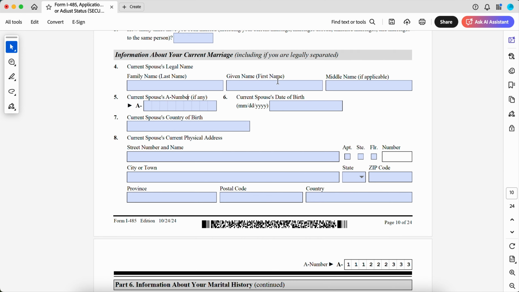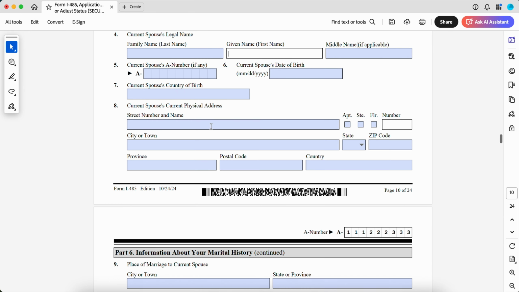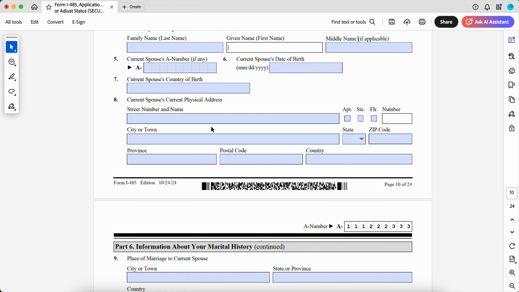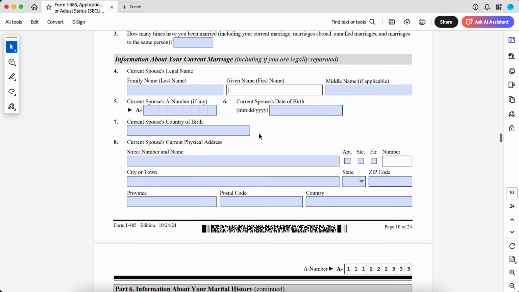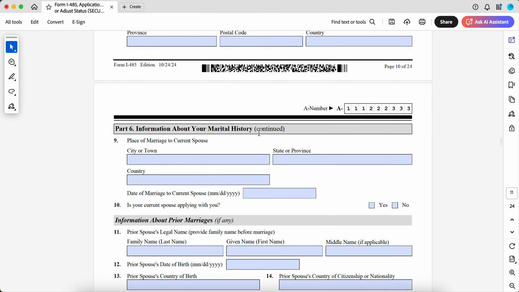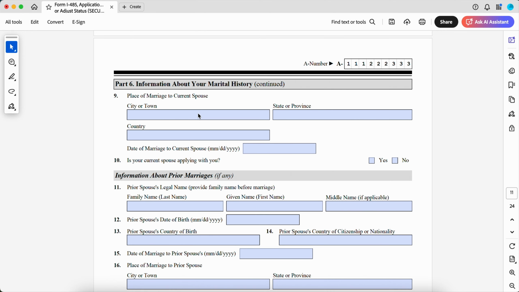So current spouse legal name. This is your husband's or wife's name. If they are U.S. citizens, they don't have the A number. They have a date of birth, country. You write all that information about your spouse. And then you write where you got married.